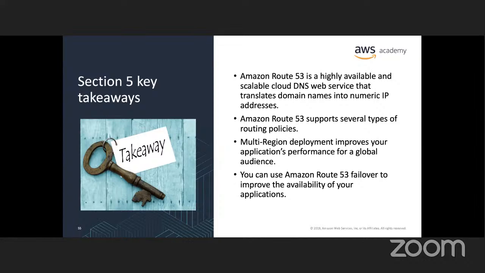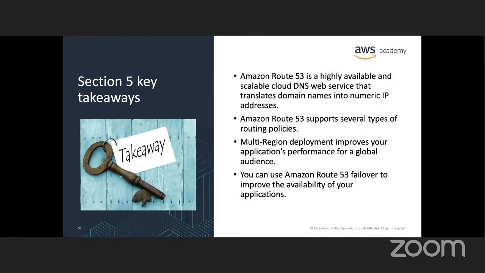No, latency. That's weighted, right? Latency and weighted. That's the A/B testing. Okay, so weighted, low latency, geolocation, geoproximity, and we're missing two. Simple routing. Simple routing, and the other one? Multi-value. So those are the 7 routing policies that Route 53 supports.